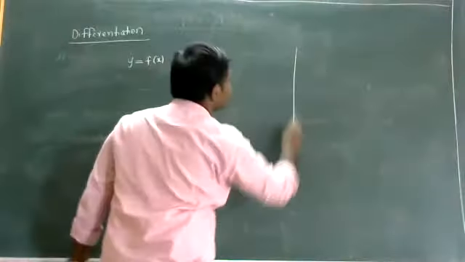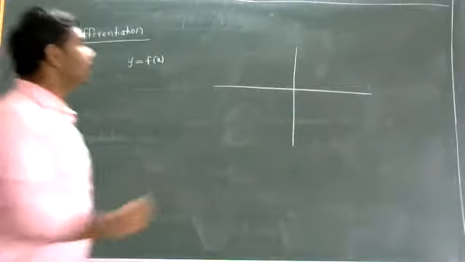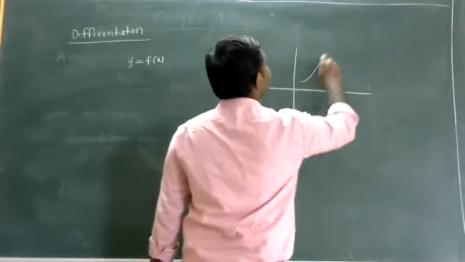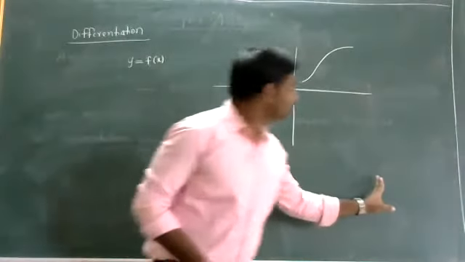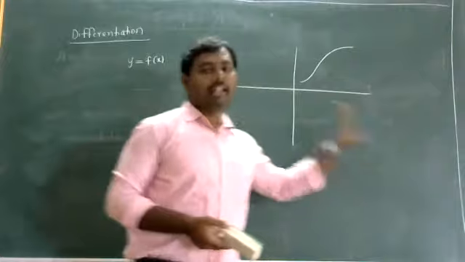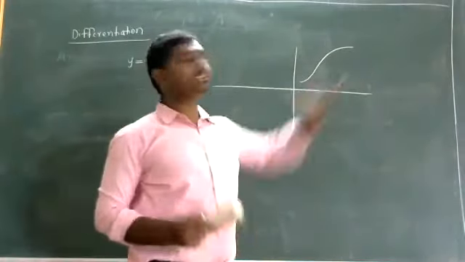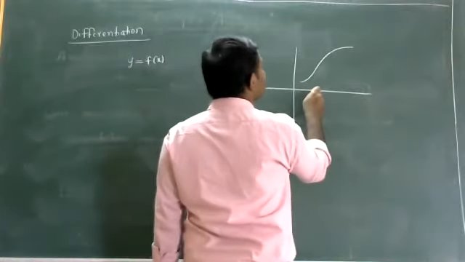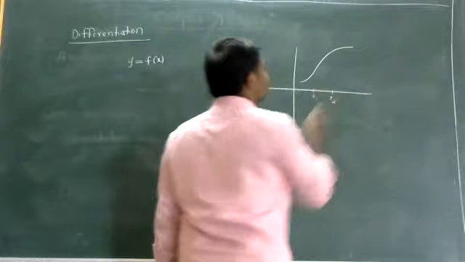Suppose I draw that function on the plane, assume that its curve is like this, as I drew y is equal to x square before. If I draw f of x, assume that its curve is like this. Now I will mark two points x1 and x2.